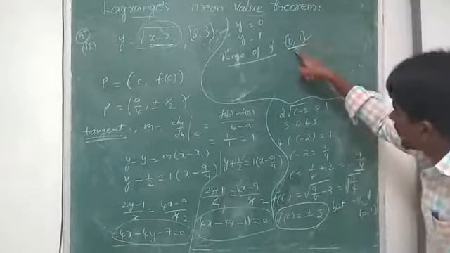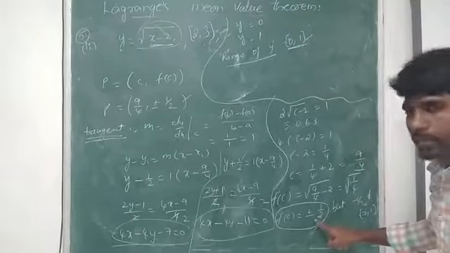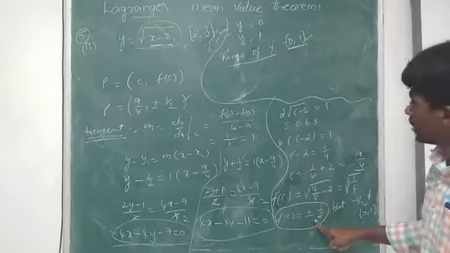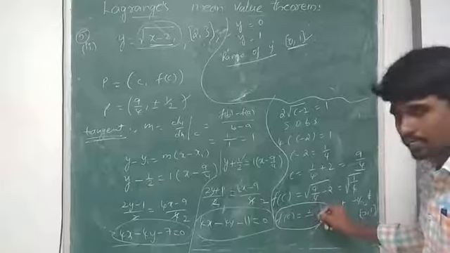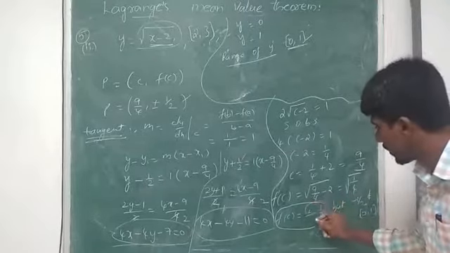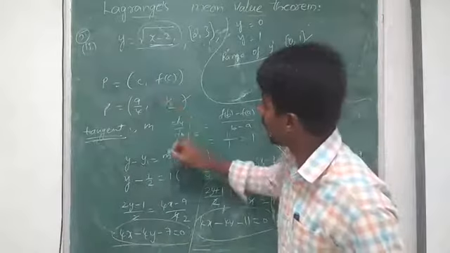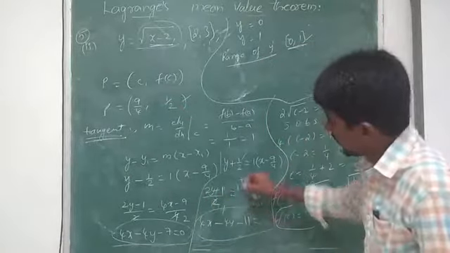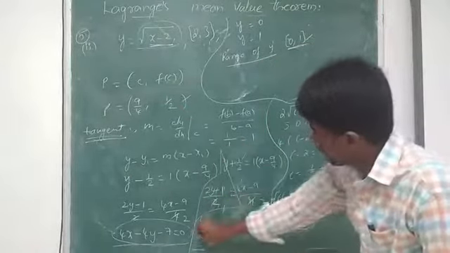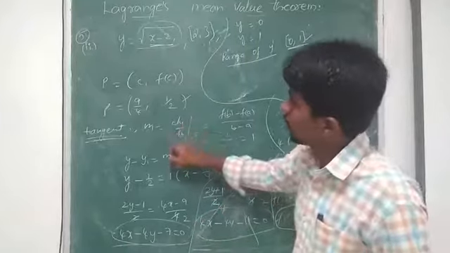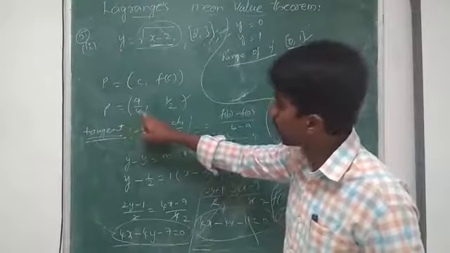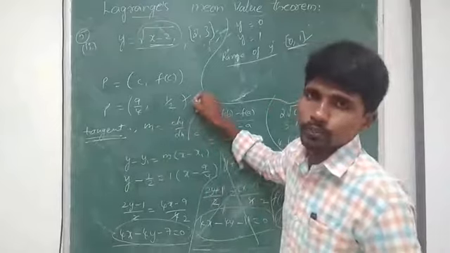So in this particular interval, minus 1 by 2 does not lie. We have to consider only what lies in that interval, which is plus 1 by 2. So we get only one point. The point is nothing but 9 by 4 comma 1 by 2.